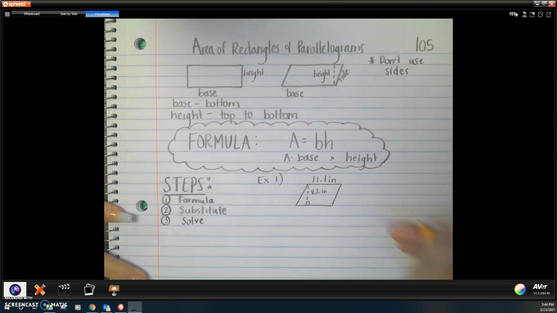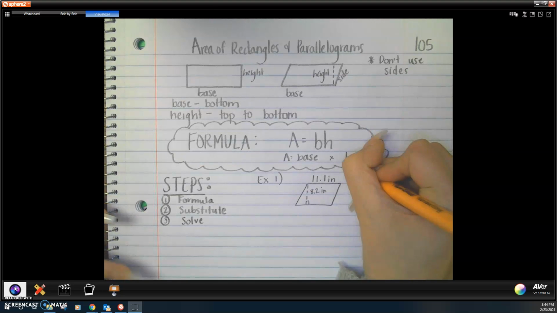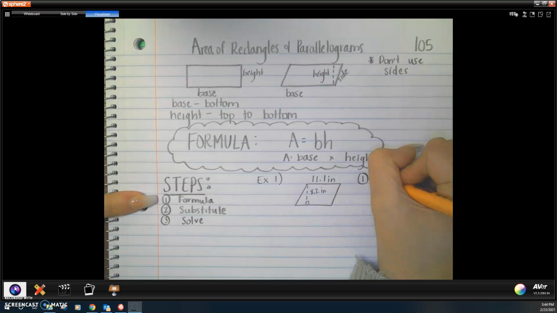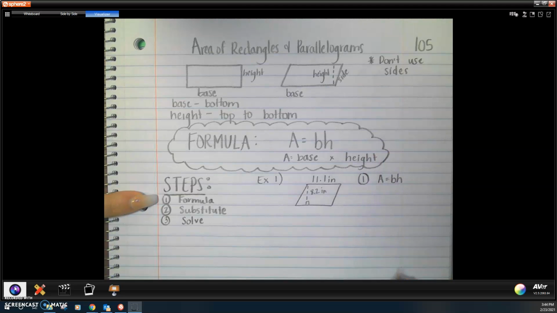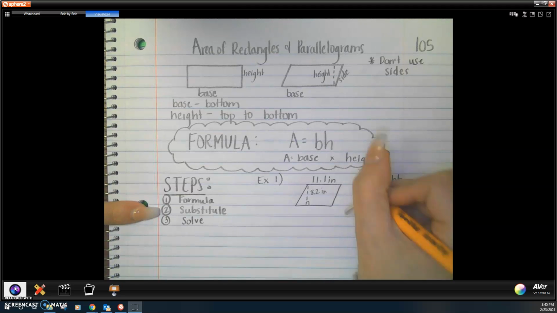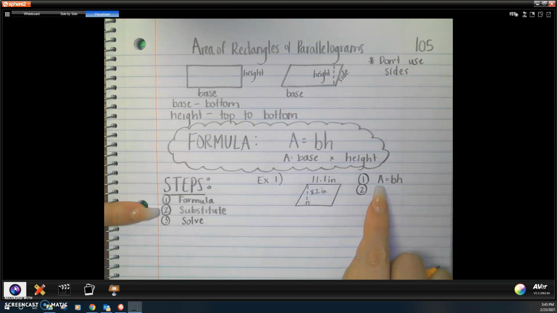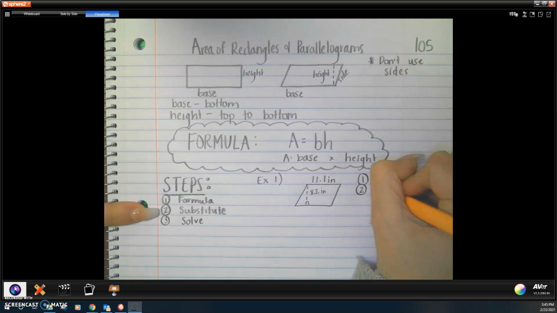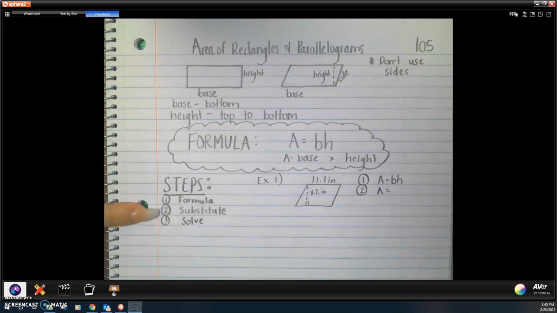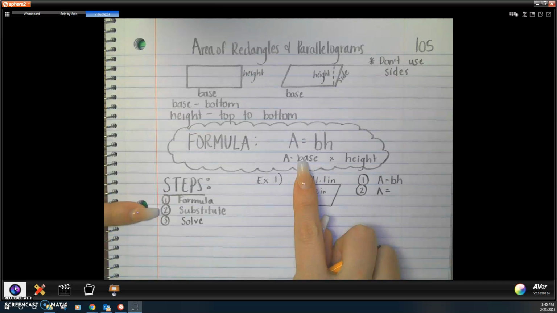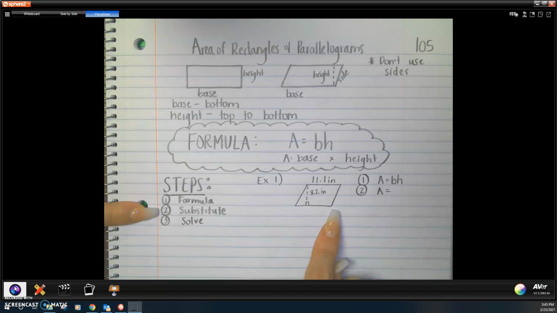Alright, so step 1 is to write our formula, which is A equals BH. Step 2, we're going to replace those letters. A represents the area. We don't know what the area is, so we're going to keep my A. My B represents the base, which is the bottom. However, they don't tell me what the bottom is, but I know the bottom and the top are the same length.